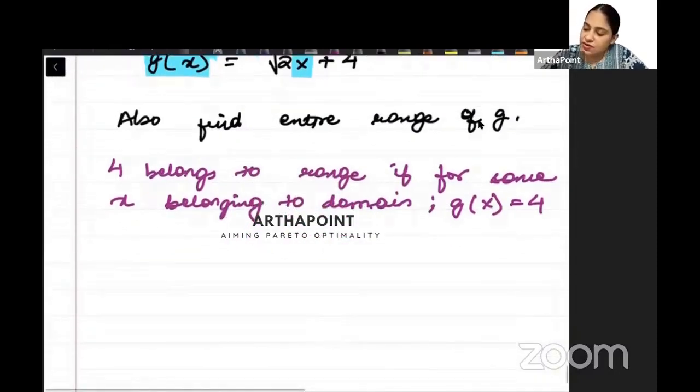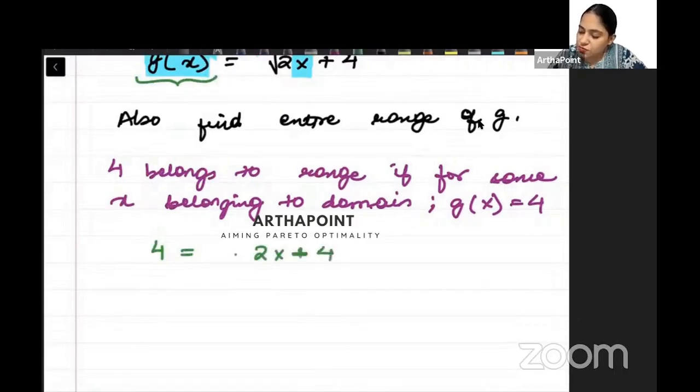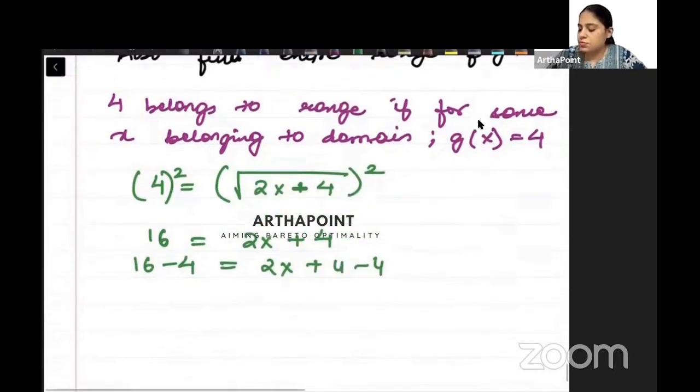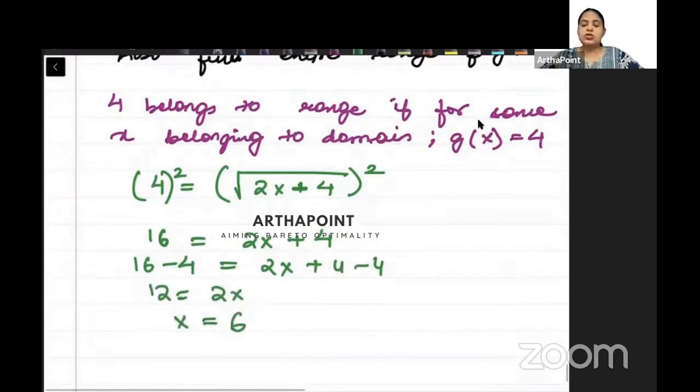So let's just, instead of g(x) put 4 beta. 4 is equal to root of 2x plus 4, square on both sides. 16 is equal to 2x plus 4. Subtract 4 from both sides. 12 is equal to 2x. X is equal to 6.